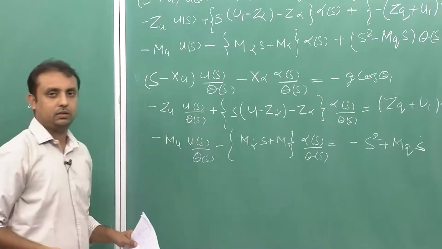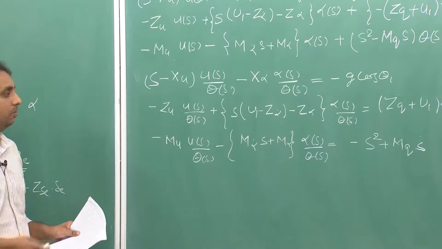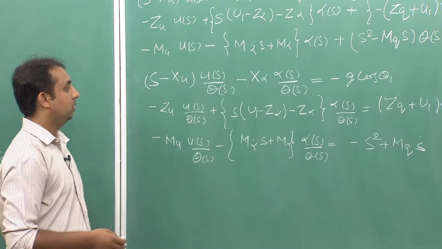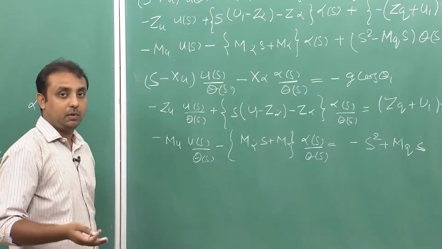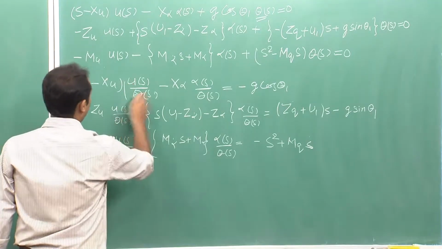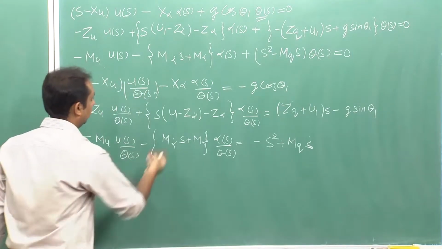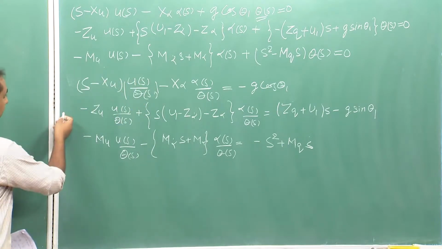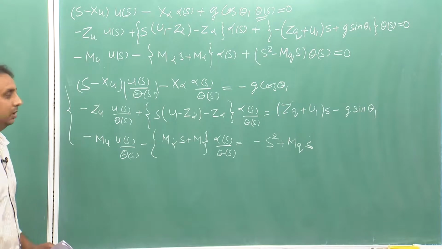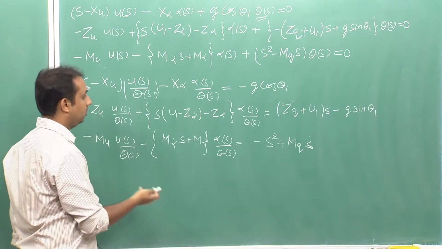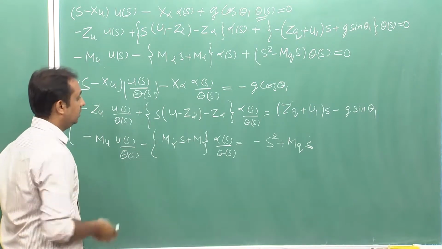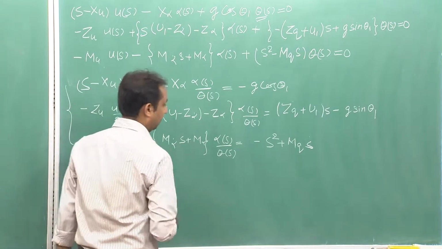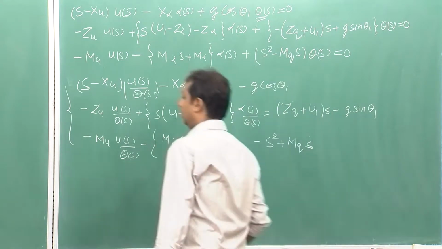You can write this differential equation in matrix form, and as we have already seen while deriving the transfer function, you can use Cramer's rule to derive the values of u of s upon theta of s and alpha of s upon theta of s. As you can see, there are 3 equations and 2 variables, so you can choose any 2 equations and solve for u of s upon theta of s and alpha of s upon theta of s.